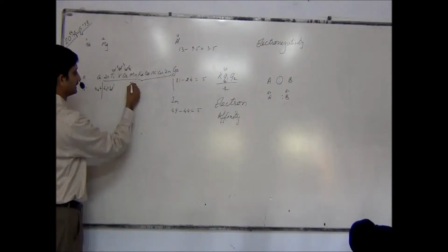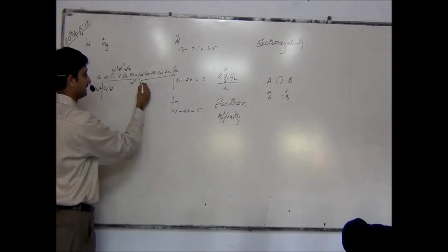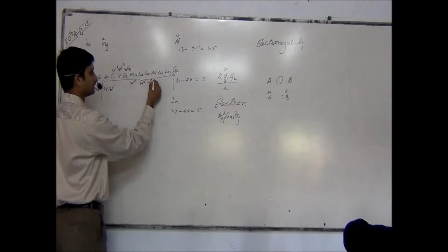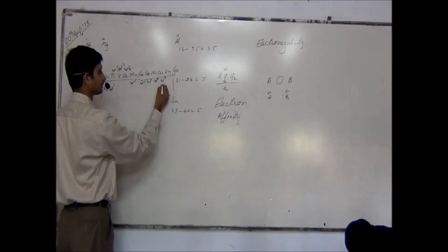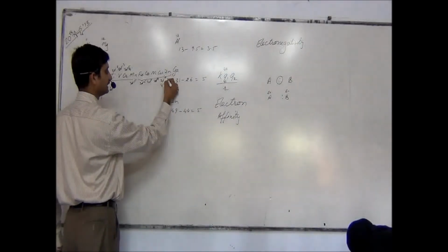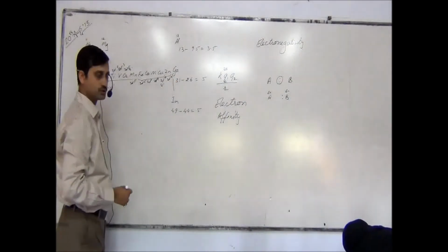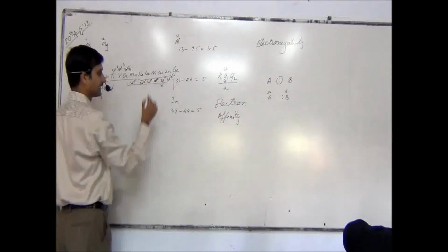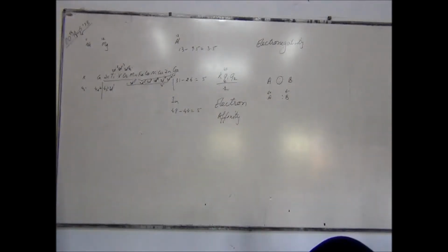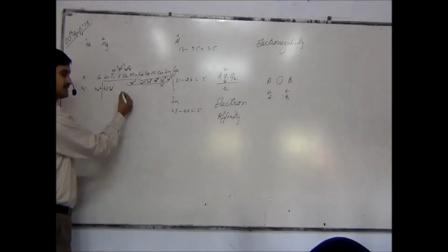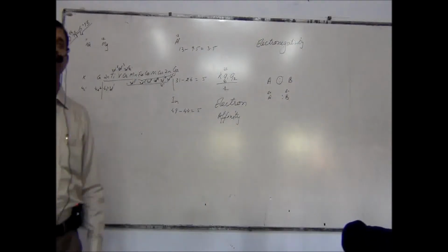This is 3d5 4s2, this is 3d6, 3d7, 3d8, 3d10 4s1. This is 3d10 4s2. So here the electrons are being added in the n-1 d orbital.